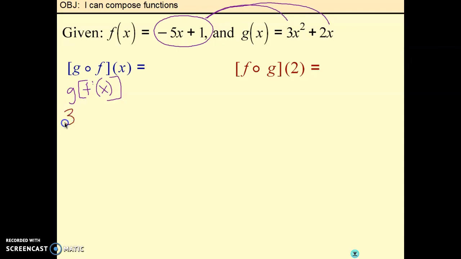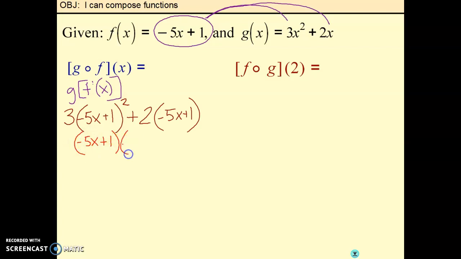So you were taking 3, plugged in for x, and plugged in for x again. We were plugging in negative 5x plus 1 as our inputs. So if you didn't believe me yet, I bet you do now, that this is just a whole lot of Algebra 1 review. So let's start with the exponent again.